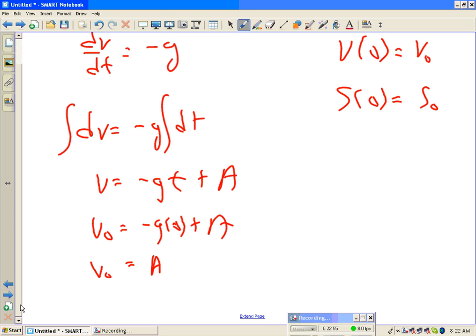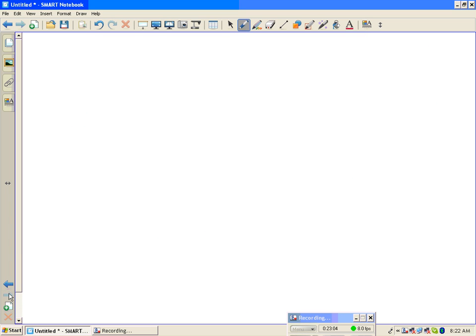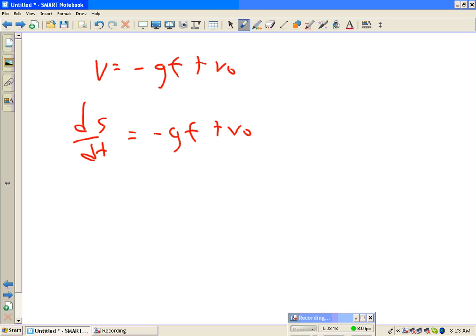So you get that v is negative g t plus v0. Okay. Now, if v is negative g t plus v0, that means that ds/dt is that. All right, separate. ds equals negative g t plus v0 dt. Anti-differentiate, what do you get?